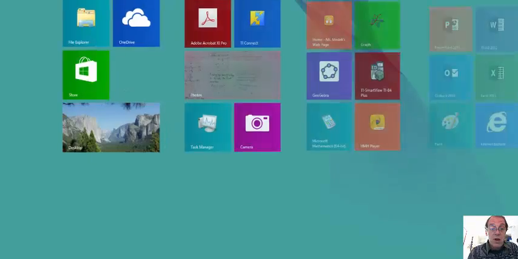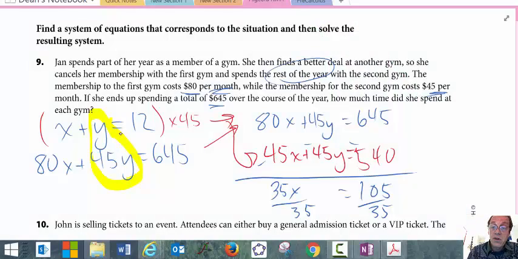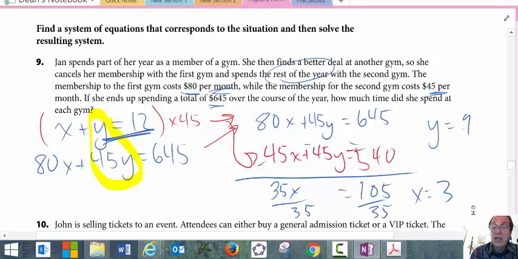So that's what we wanted. So she only spends 3 months at the first one, which if that's going to add up to 12, means that y has to be the rest of it, so y is 9. So she spends 3 months at the first gym, and 9 months at the second.